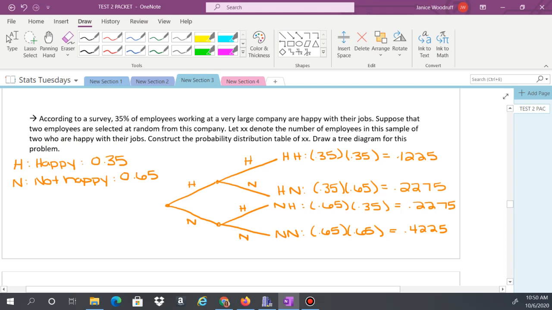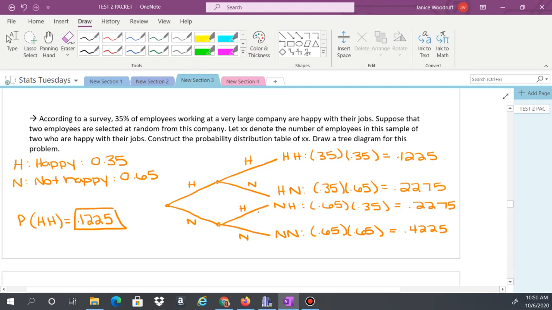So the question I think I cut off is what's the probability that 2 people are happy? So the probability of happy, happy is this first one here, 0.1225. So that would be the question there.